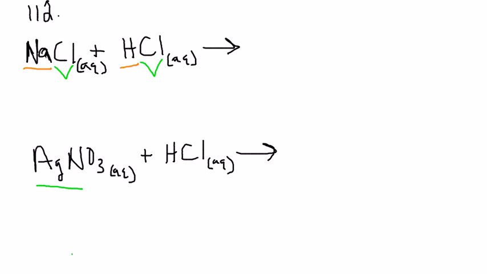So most likely we're going to have sodium and hydrogen switch spots. If they switch spots, what are we going to end up with? Well, we're going to end up with sodium chloride plus hydrochloric acid once again.